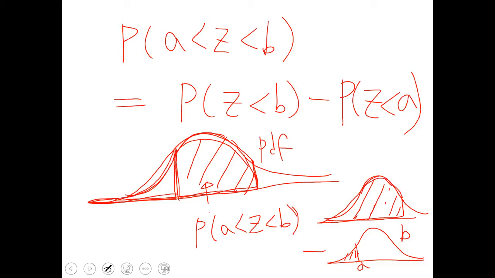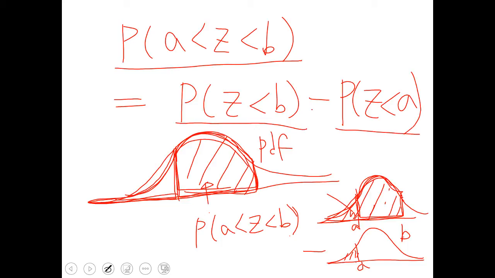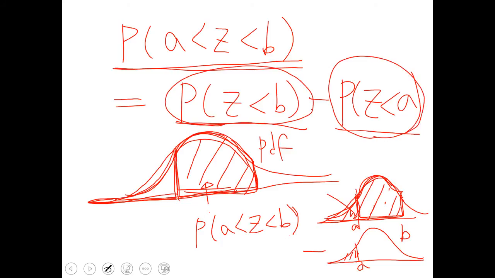So this big area, and cut this part out, then we obtain this area in the middle. So to calculate this probability, we just calculate the probability that Z is less than B minus the probability that Z is less than A. So then, to know this probability, we only need to calculate this one and this one. Okay?